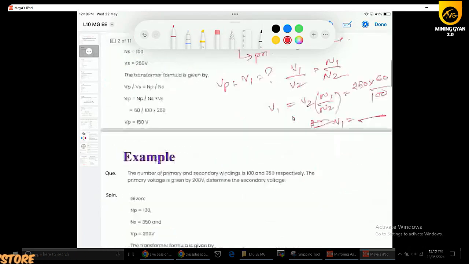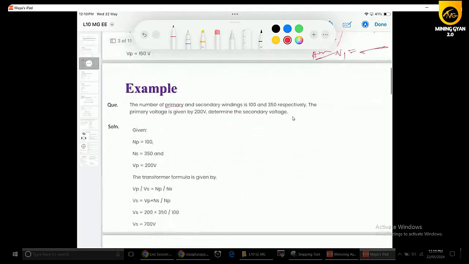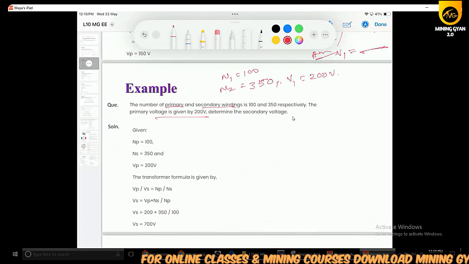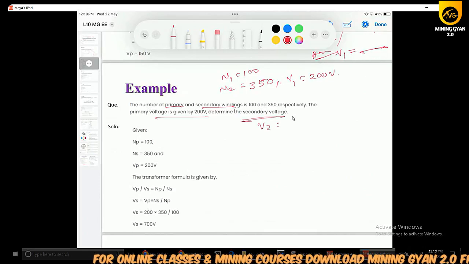Next question. The numbers of primary and secondary winding turns are N1 is 100 and N2 is 350 respectively. The primary voltage V1 is given as 200 volts. Then find the secondary voltage.